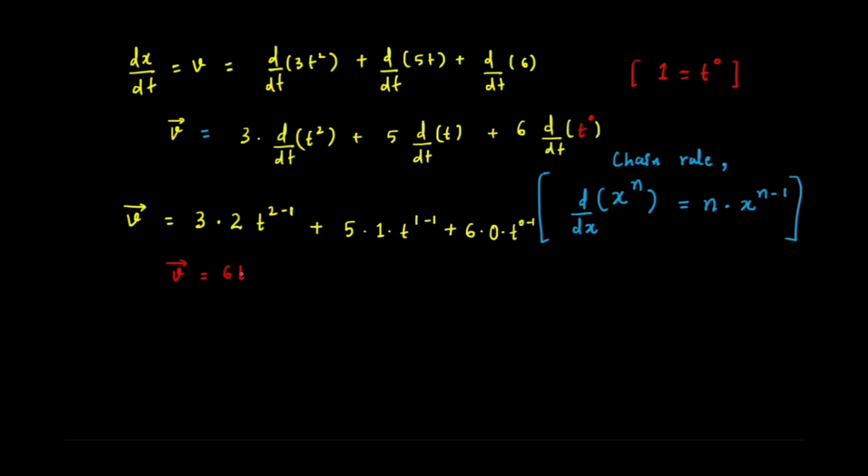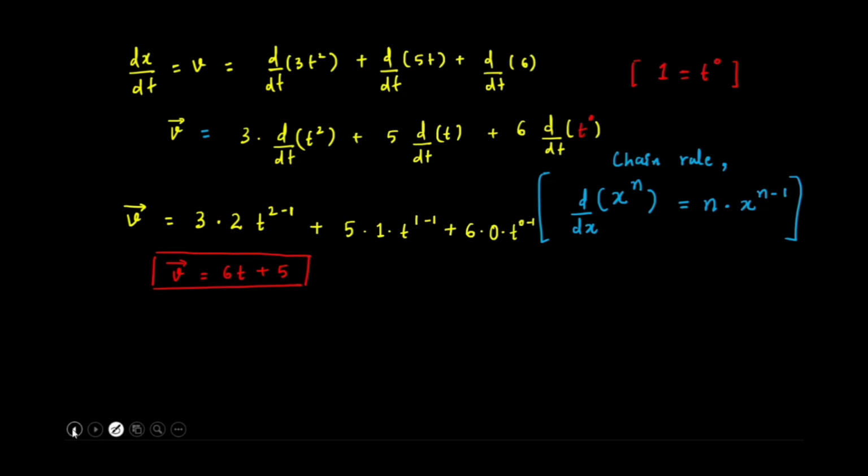6t plus 5 plus, well, I guess that's 6 by t. 0. Anything multiplied by 0 is 0. Oh, yeah, that's 0. So the equation is going to be 6t plus 5.